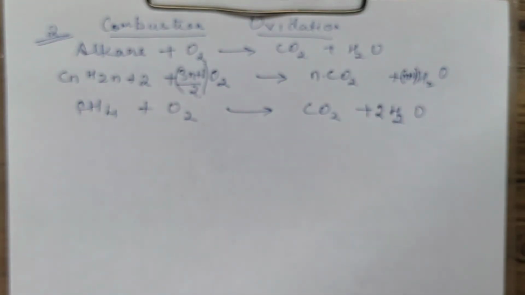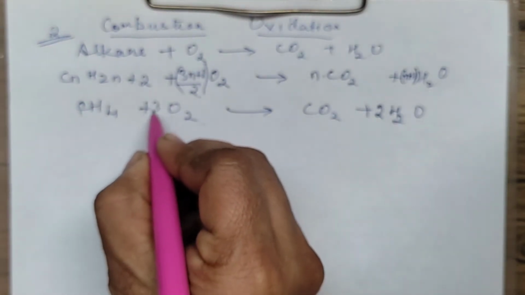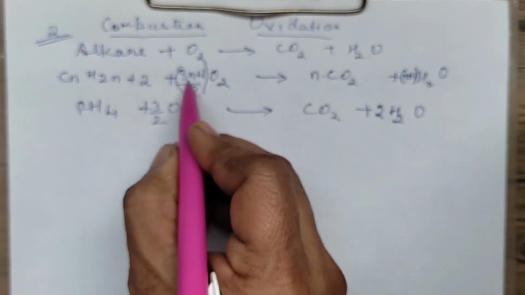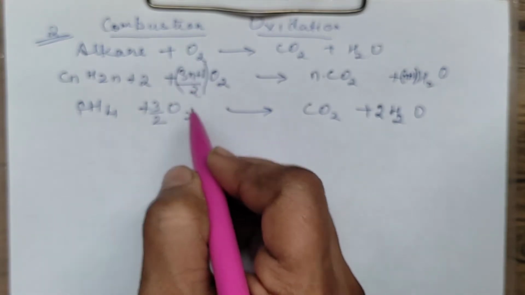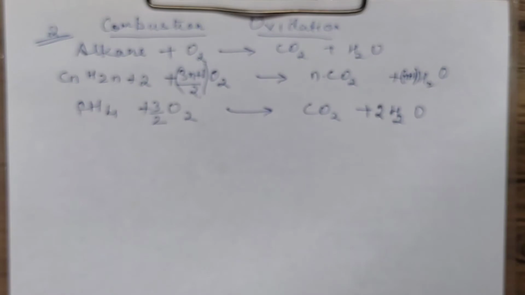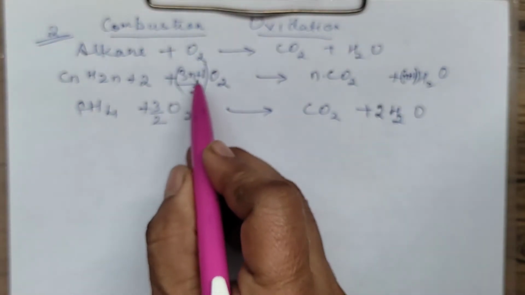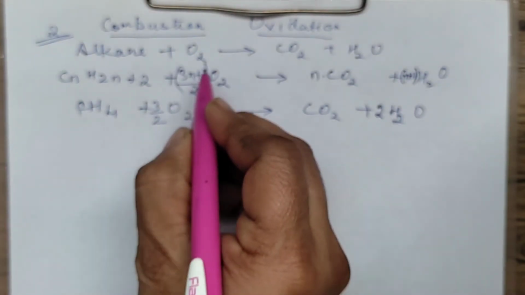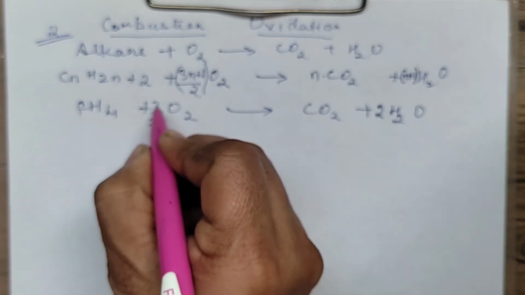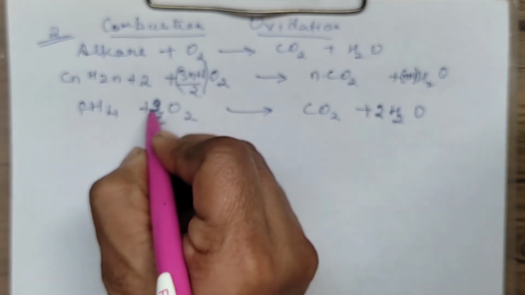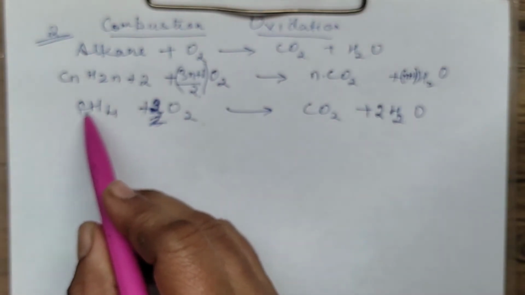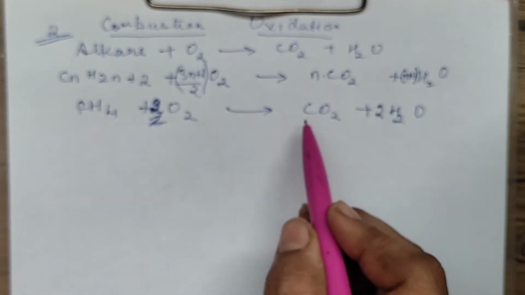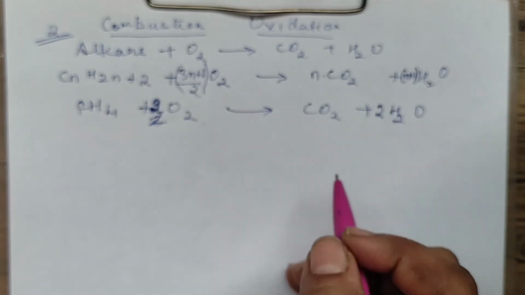Likewise, for oxygen, 3n+1 means it will be 4 by 2, which when you solve is just 2. It will be 2O2. So the balanced equation becomes methane plus 2 oxygen gives you carbon dioxide plus 2 water molecules.